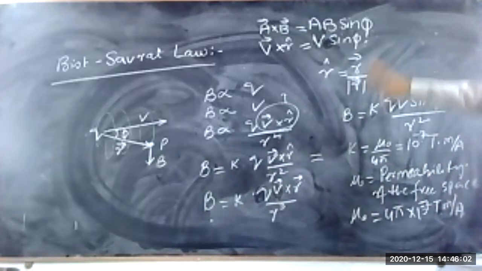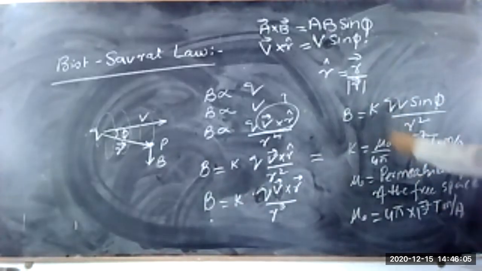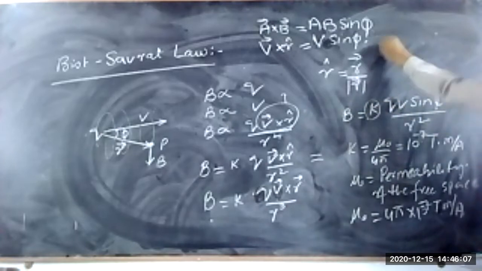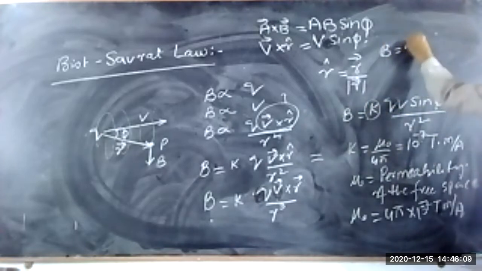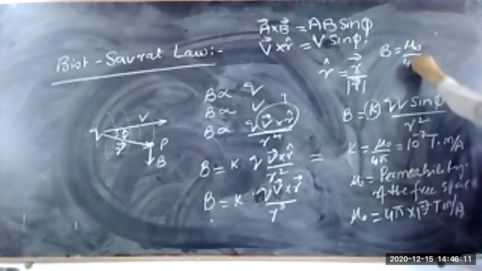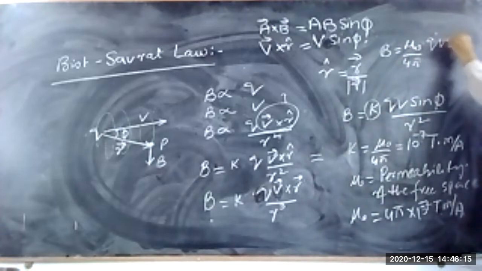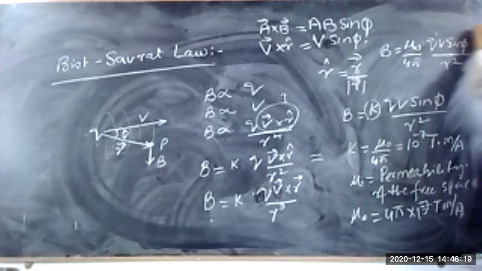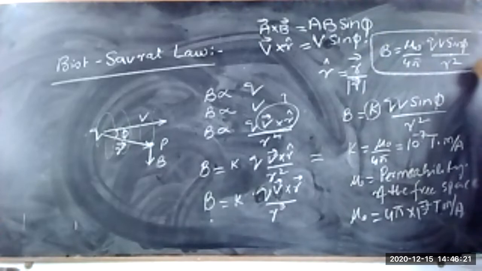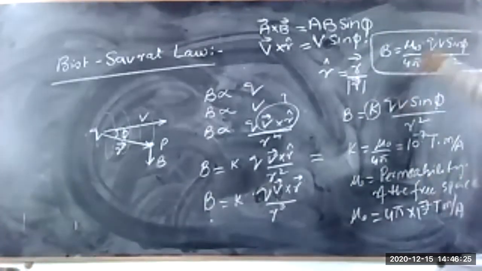So this is the way: if you plug in the value over here, then B is equal to mu naught upon 4 pi, which is the k, q v sine of angle phi upon r squared. This is the magnitude of the magnetic field produced by the moving charge.